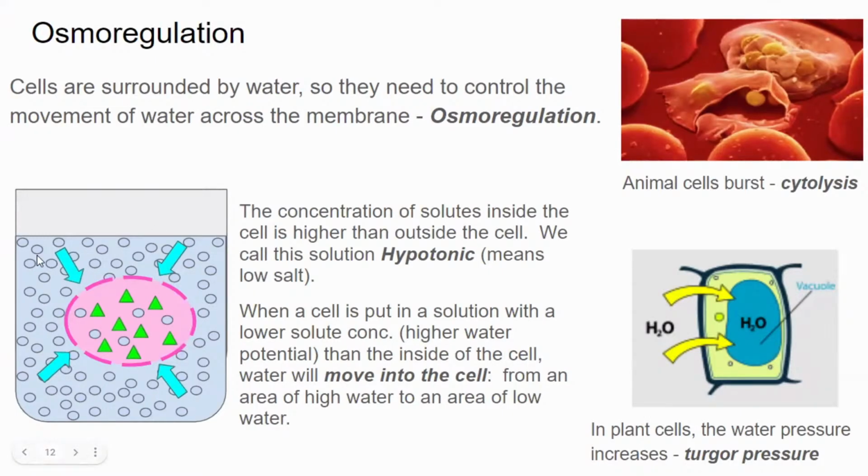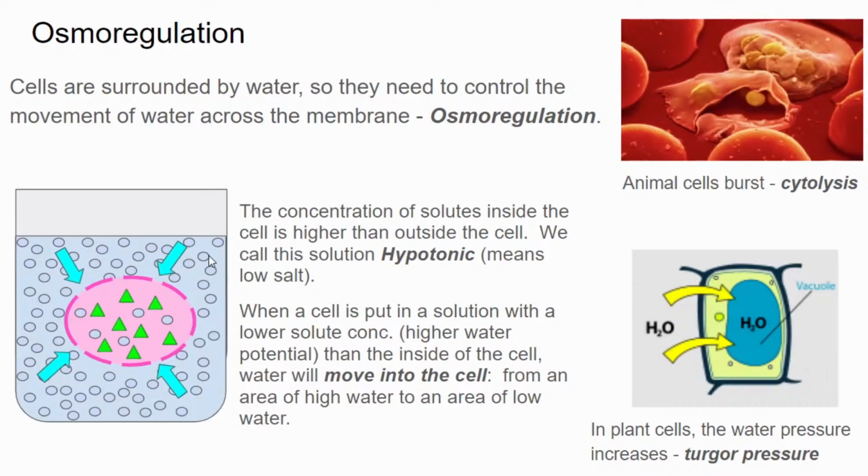We would say that this solution out here is hypotonic. This means that there is a low amount of salt or a low amount of solute compared to inside. Then we put our cell in a solution with a lower solute concentration, as we've done here. The outside of our cell has a higher water potential, and the inside of our cell has a lower water potential.